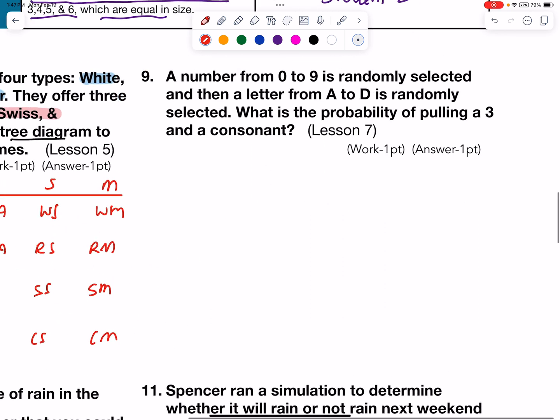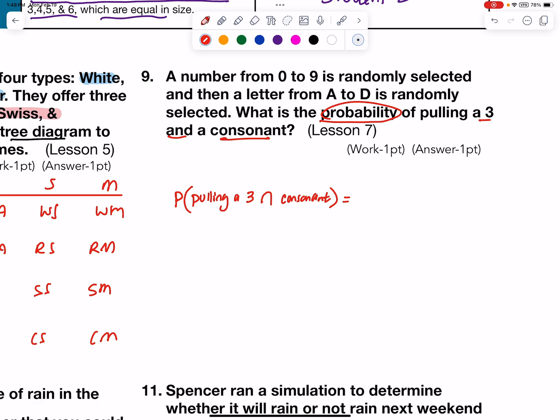All right, number 9, a number from 0 to 9 is randomly selected, and then a letter A to D is randomly selected. What is the probability of pulling a 3 and a consonant? So I have to write the probability notation of pulling a 3 and, or instead of and, you could use that symbol, consonant, equals.